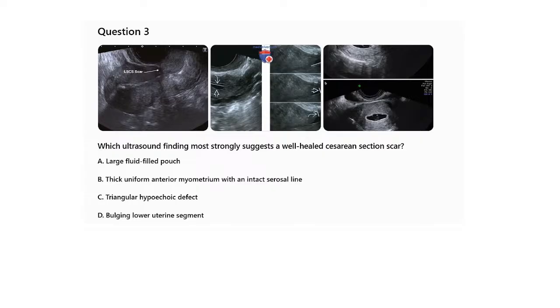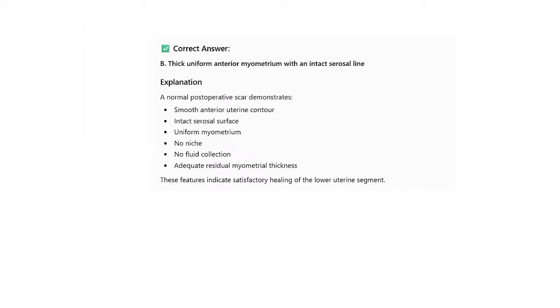A. Large fluid-filled pouch. B. Thick uniform anterior myometrium with an intact serosal line. C. Triangular hypoechoic defect. D. Bulging lower uterine segment. So the correct answer is B.